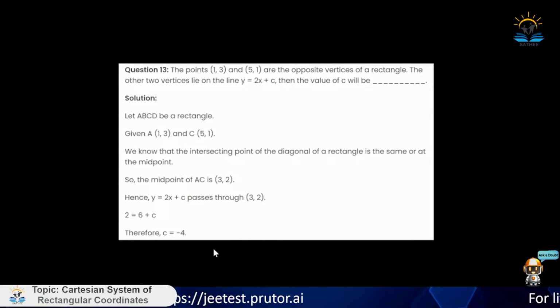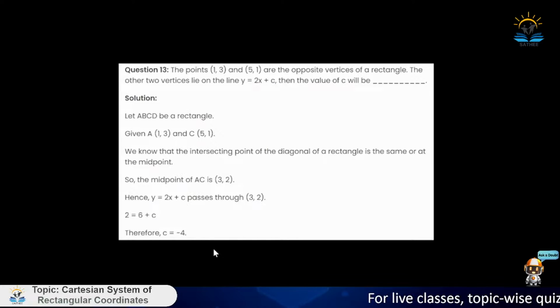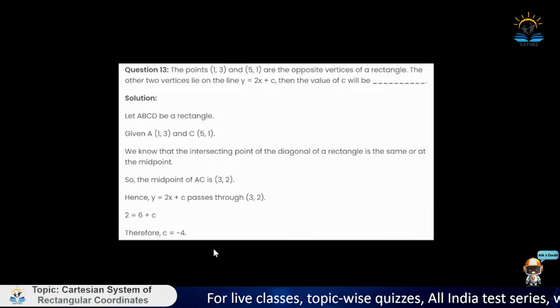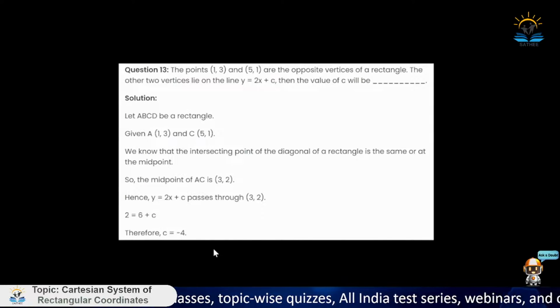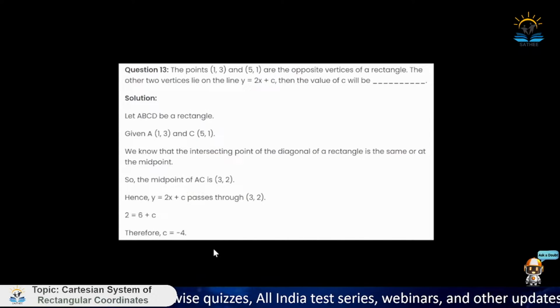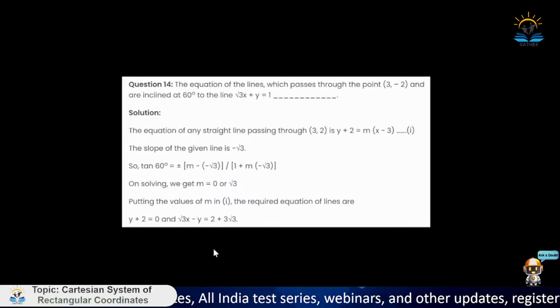So we know that the midpoint would be the same for both the diagonals. So whenever you find the diagonal vertices, you can find the midpoint of them, and that point should also pass through this line, because the midpoint also lies on the same line which is passing through those two vertices. So from that you can just find the midpoint and then substitute in the line. So we'll go for the next question.